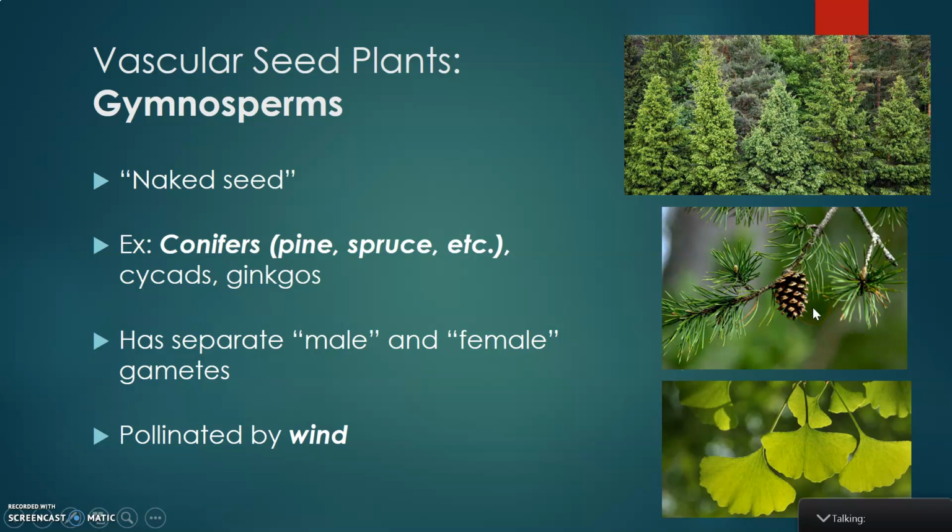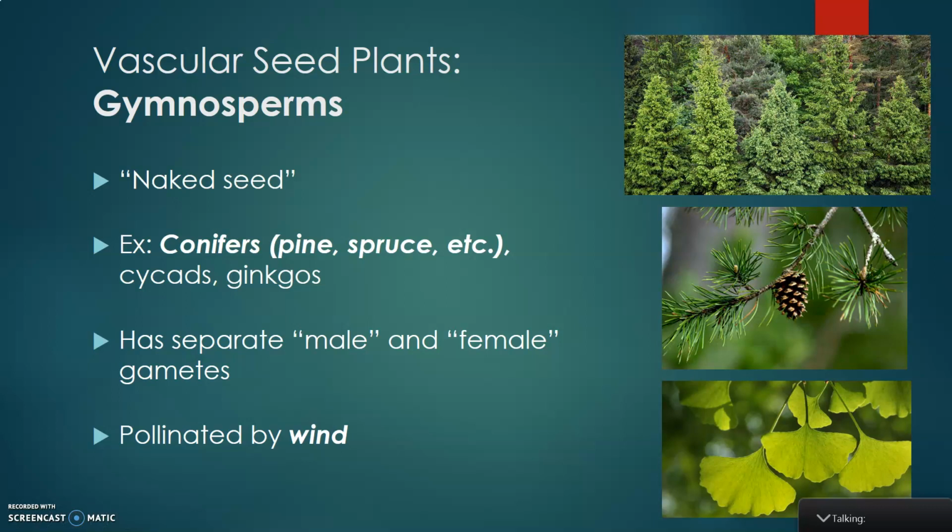They have separate male and female sex cells or gametes, and they're pollinated mostly by the wind. And so those sex cells or gametes are inside of the cone, and the cone opens up, and wind can actually flow through it and allow pollination to occur and those plants to reproduce.